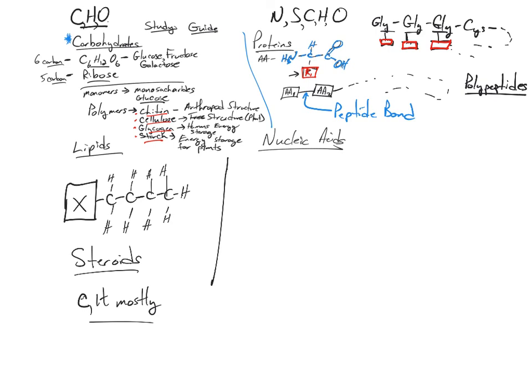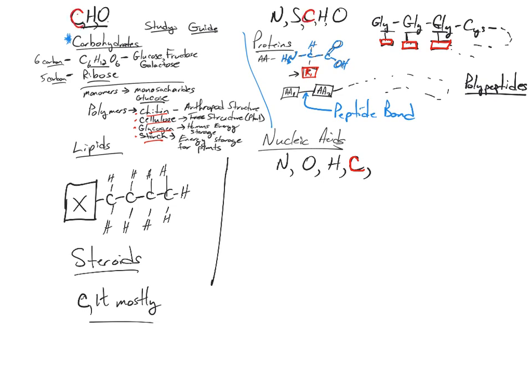With nucleic acids, the main elements you're talking about are nitrogen, oxygen, hydrogen, and carbon, of course. Carbon's going to be the key. Let me just put all the carbons in this red as being incredibly important.